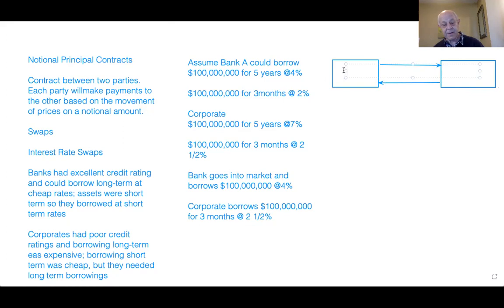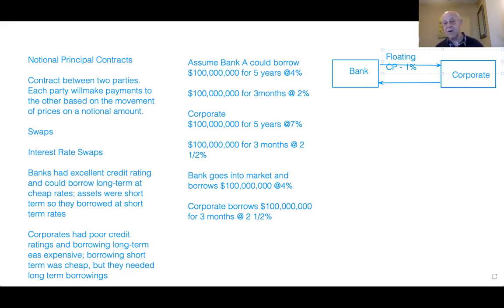So we've got the bank here, and the corporate here. And the bank is going to pay to the corporate a floating rate. And the floating rate will be commercial paper minus 1%. And commercial paper is the 3-month rate.